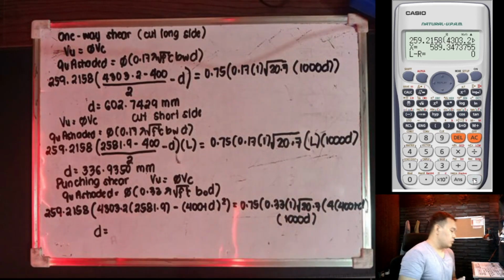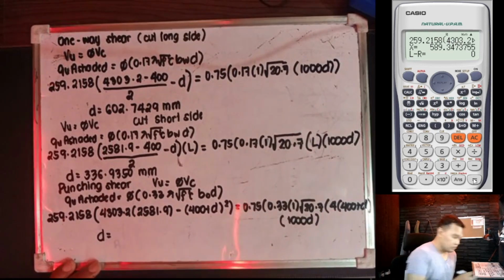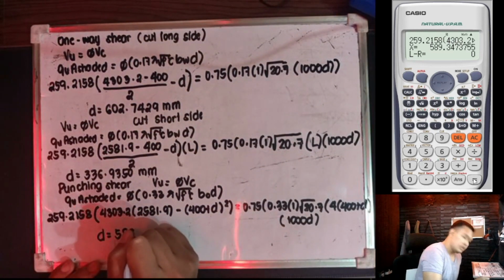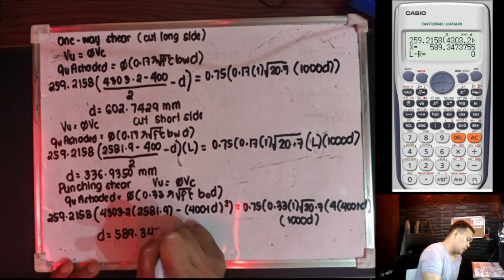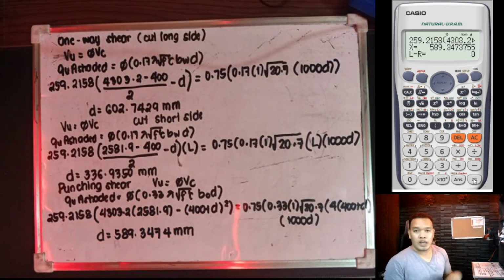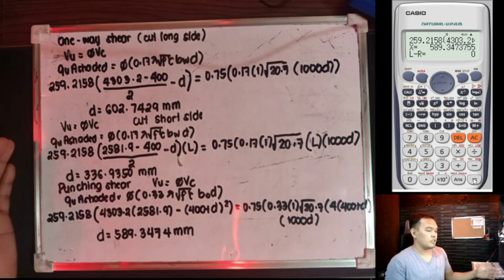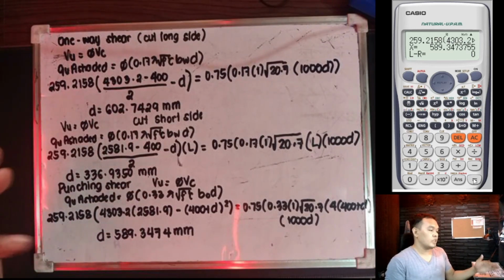So we have the value of d, which is equivalent to 589.3475. Okay. So hanapin natin yung value ni D na kung saan is pasok sa lahat ng shearing. Sa punching shear at sa one long side and short side.